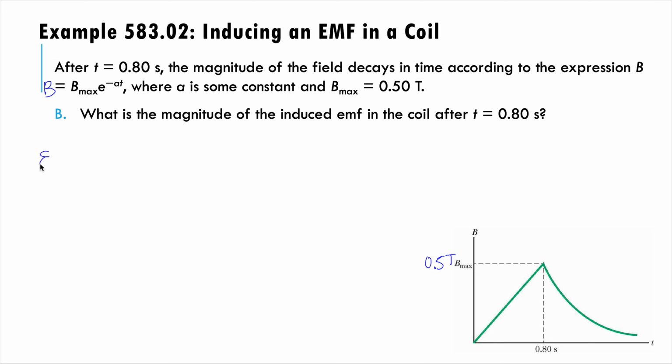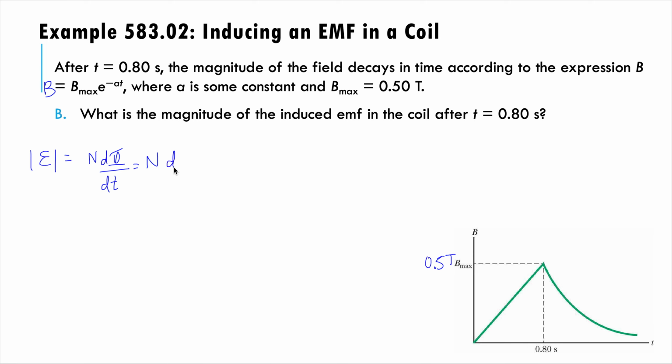We can write down Faraday's law, just the magnitude of it. We don't worry about the negative sign. And this time, we need to go ahead and write out, once again, the field is still perpendicular to the plane of the loop, so there's no cosine term that we have to worry about.